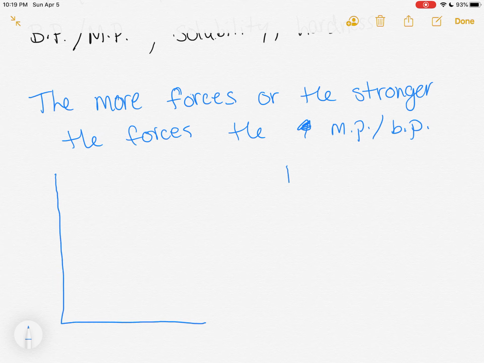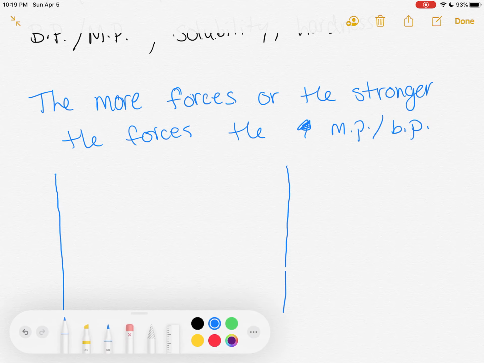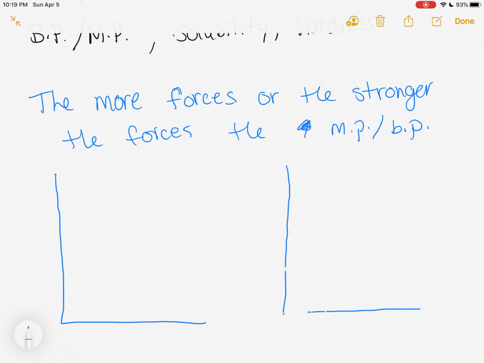Okay, so we're going to have a look at two separate graphs here, and see if we can explain why the melting points are what they are in these graphs. Both of these graphs are going to be melting points of substances, with temperature on the y-axis.